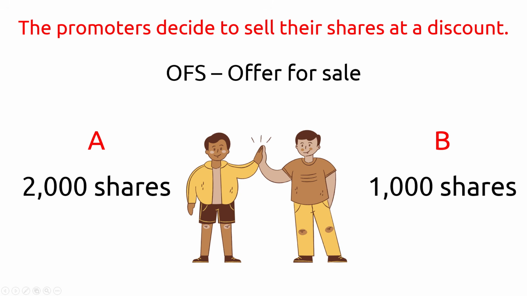And another reason, which is a red flag, is something to watch out for. If a company is in trouble, the promoters are the first to know. And when they know that their company is in trouble, they might try to sell their shares through an OFS to get as much money as they can before the company's value goes down.